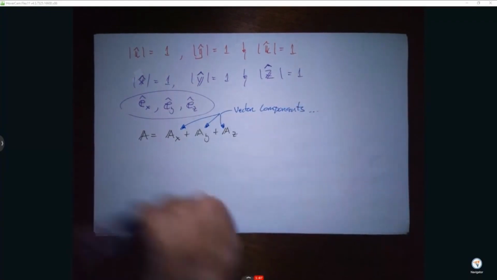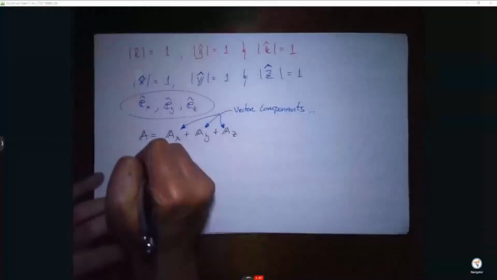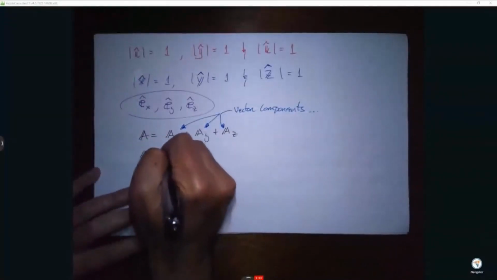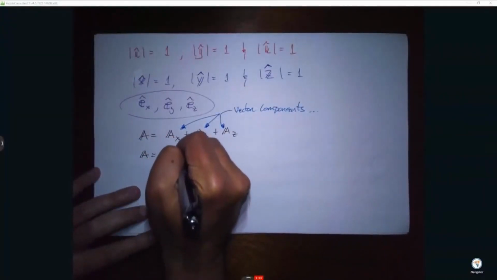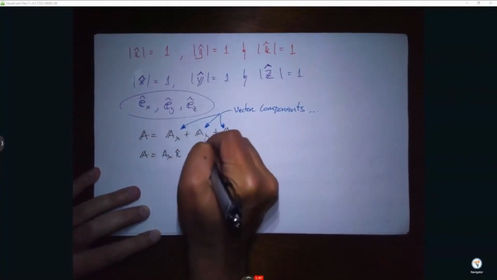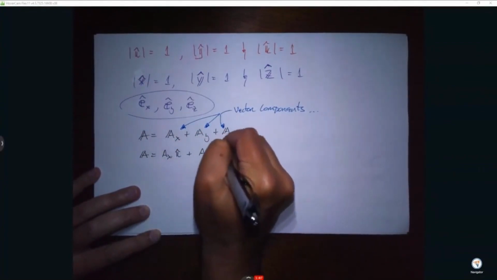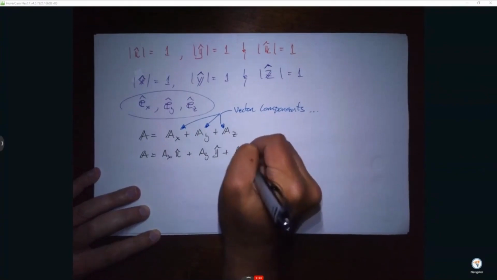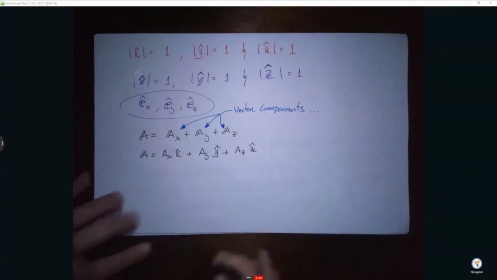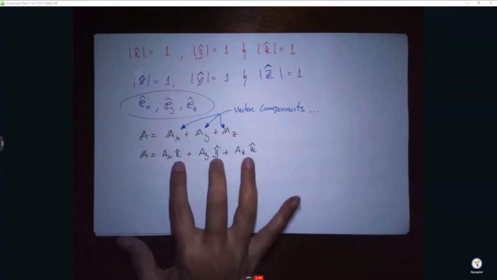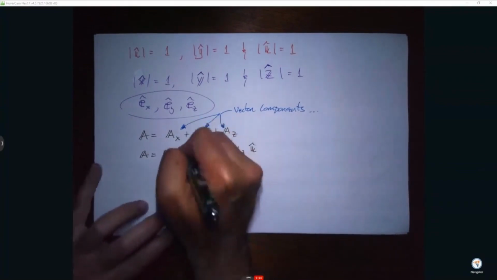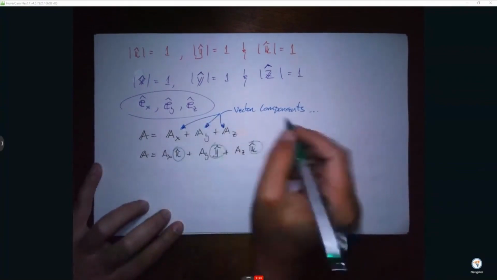Okay, and then we could also write them using our unit vectors as follows. So this would be A x in the i hat direction, and this would be A y in the j hat direction, and this would be A z in the k hat direction. So these are our unit vectors, i hat, j hat, and k hat.